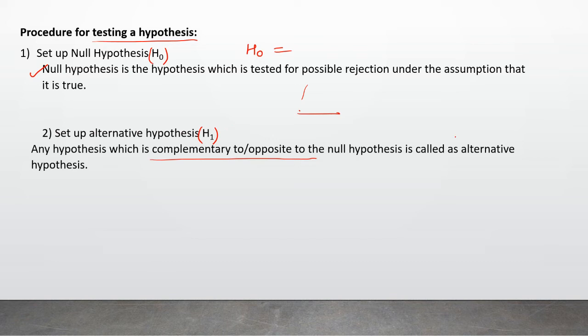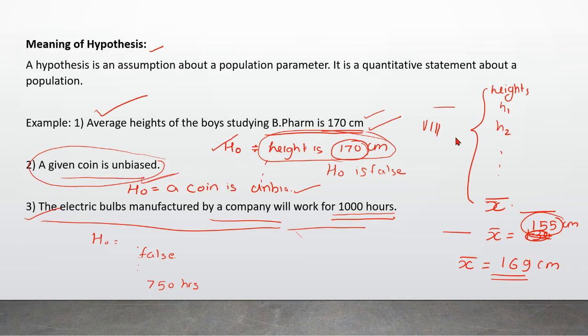Suppose I'm saying that the average height of the boys studying in B Pharm is 170 centimeter. This is my H naught. What will be the opposite of this? That the average height is not 170 centimeter. So that will be my H1, not 170 centimeter.